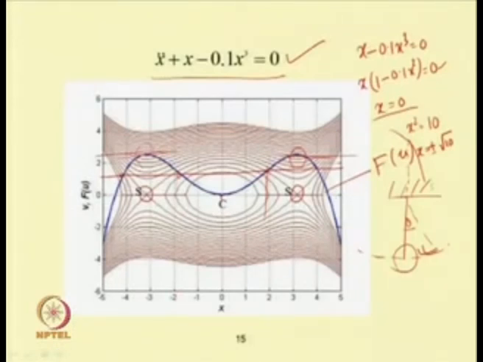So, this is the line we have taken, the total energy h line. This is the potential function.